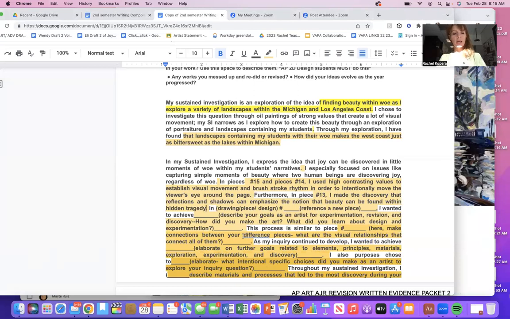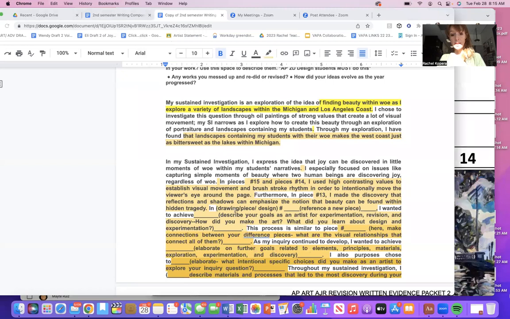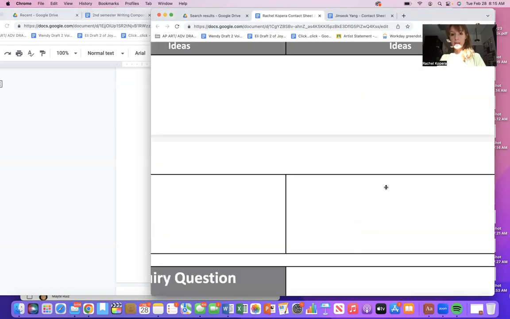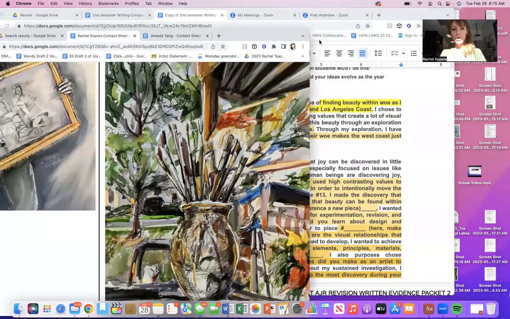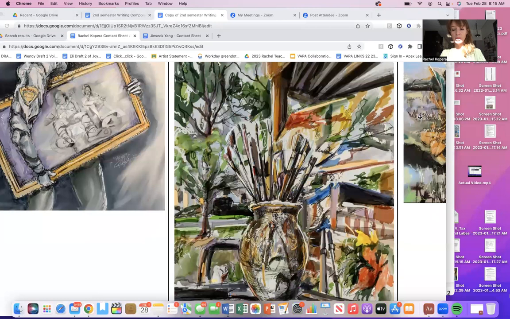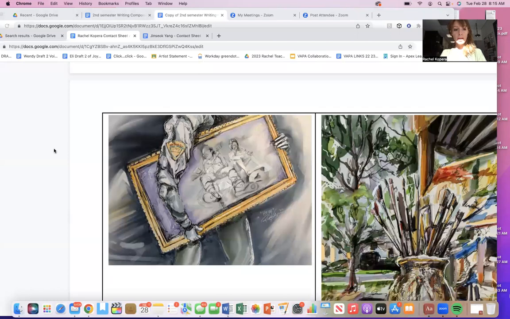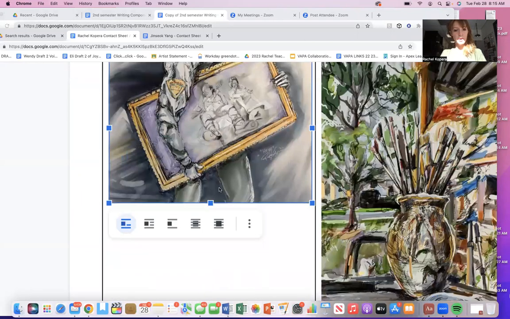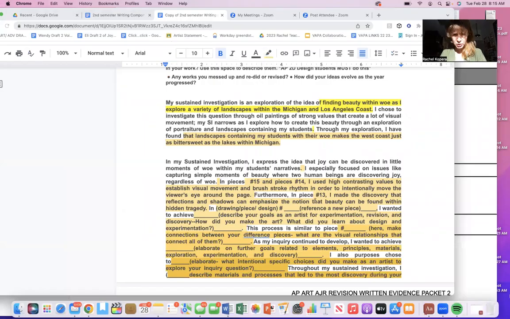So you have to think carefully about how you need to talk about your whole journey within a certain amount of time. So I need to jump into another piece, talking about my SI. Now you may want to gently talk about materials, processes, and ideas, like how you revised in Procreate. So I can go ahead and do that. What piece number is this? Piece number 10. So furthermore, in piece number 10, one second, guys.